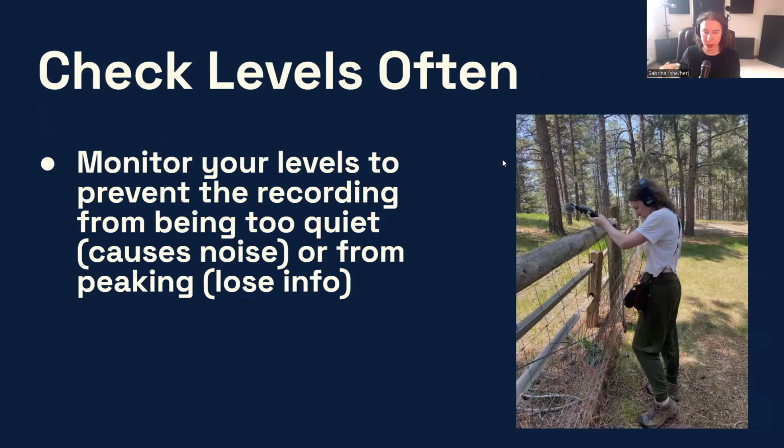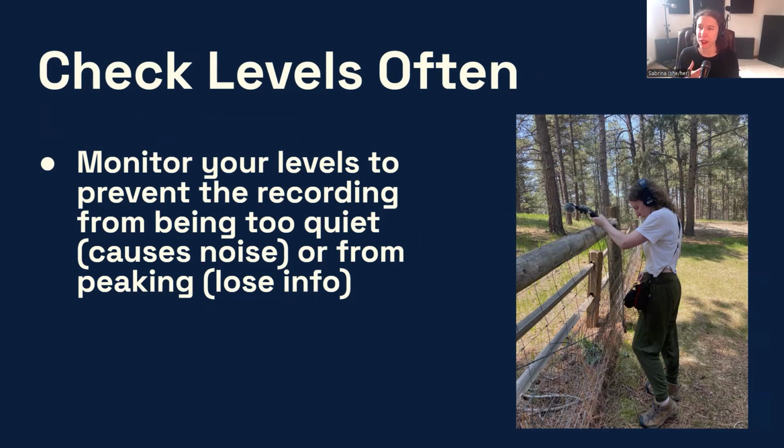The next one is to check levels often. Unlike recording dialogue or live sound, you need to monitor your levels very often to prevent the recording from being too quiet or peaking. The problem with sounds being too quiet is that it actually causes noise in the signal. When it's so quiet, there's a hiss.